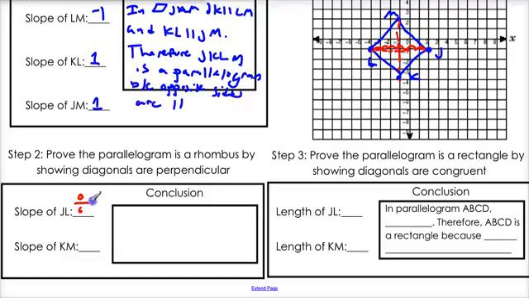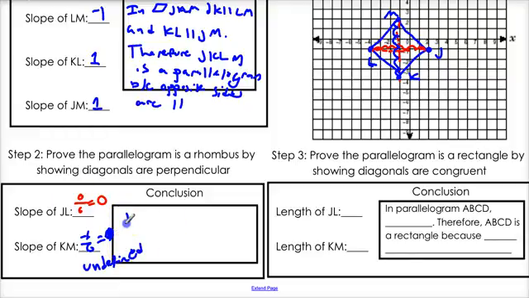So it's 0 over 6, which is just 0. The slope of MK is down 1, 2, 3, 4, 5, 6. It's down 6 over 0. All right? Which is undefined. That's not 0, that's undefined. But before we even simplify this, you'll see that 0 over 6 and 6 over 0, those are perpendicular to each other. So even though it's 0 and undefined, which is crazy, we know that these are perpendicular.